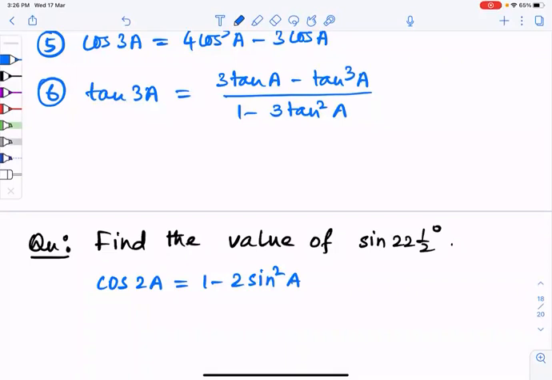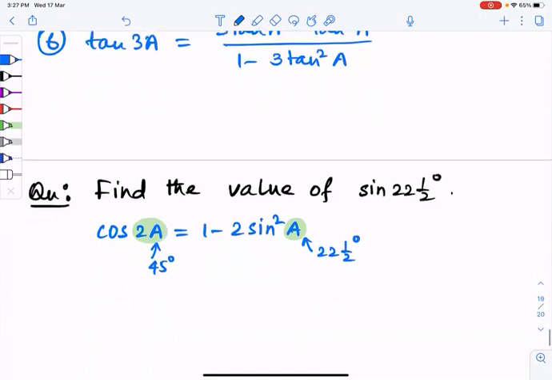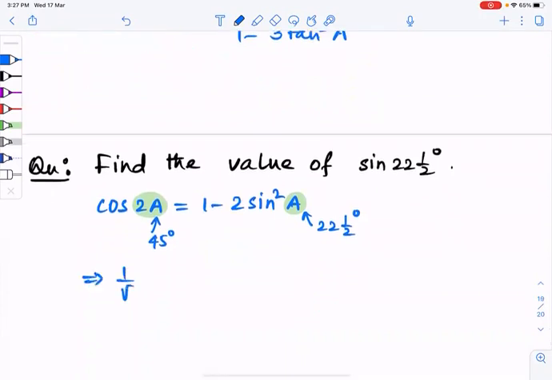And in place of a, we just put 22.5 degree. So what will this 2a become? It will become double of that, that means 45 degree. So this will imply cos 45 is 1 by root 2.